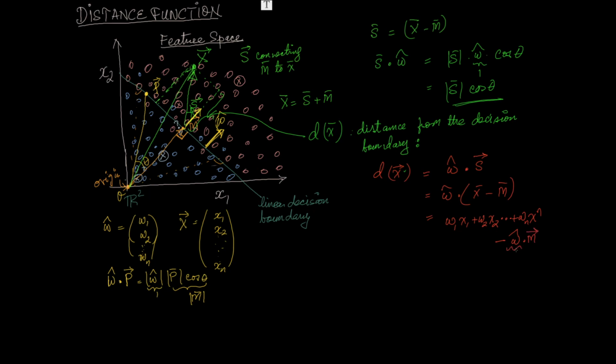But what is this? We already know that W hat and M point in exactly the same direction, and W hat is a unit vector.